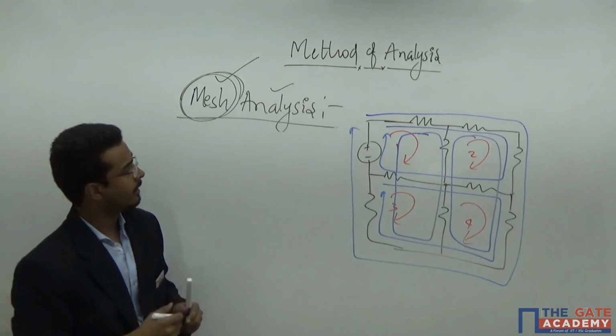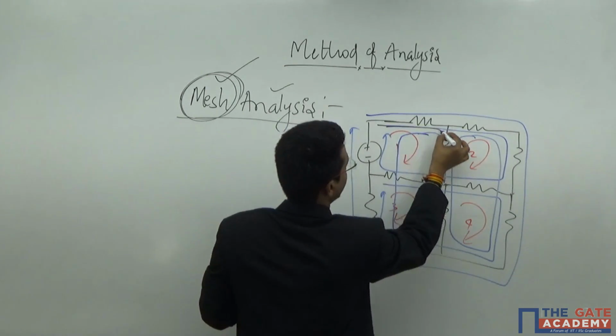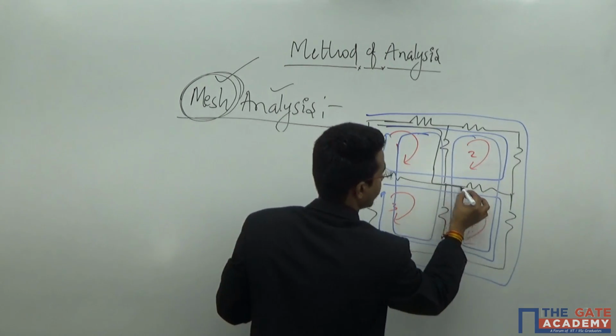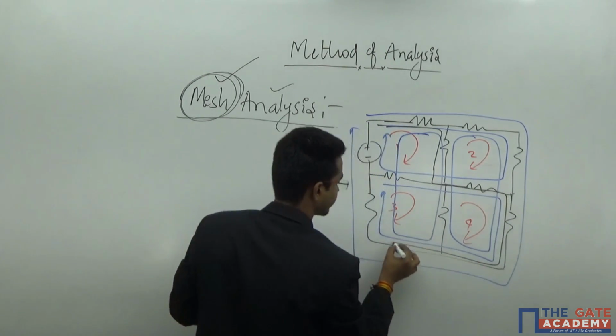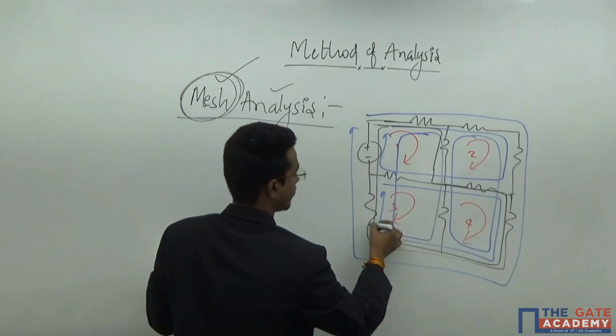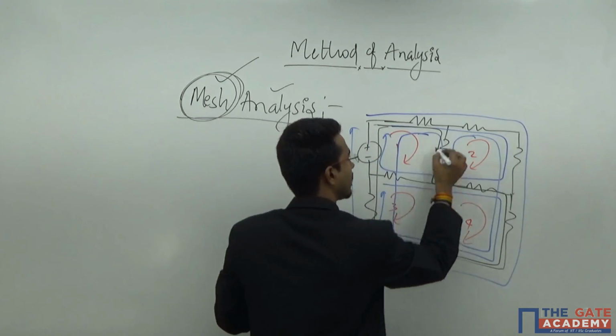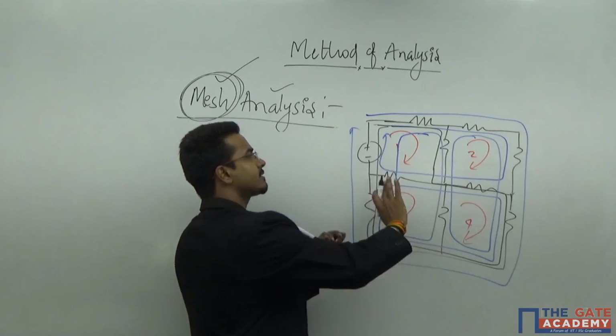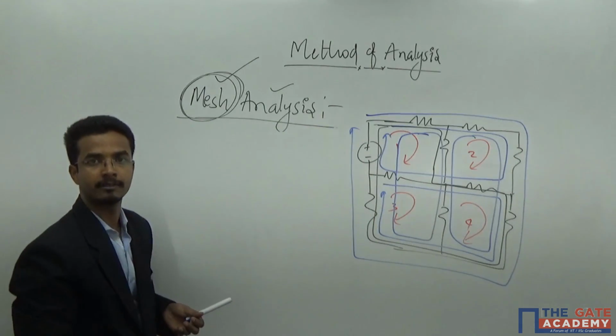Now, start from here. I will go like this. And whenever you go like this, from here to here, 1 replica you will get opposite to this. And then again some more combinations you will get.